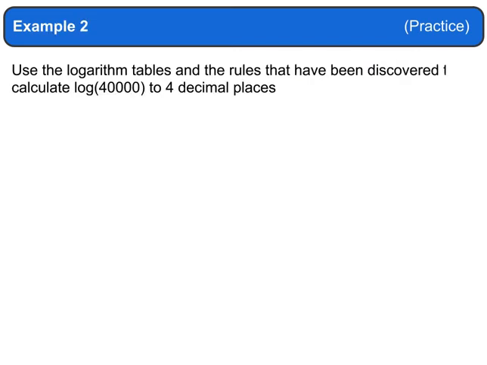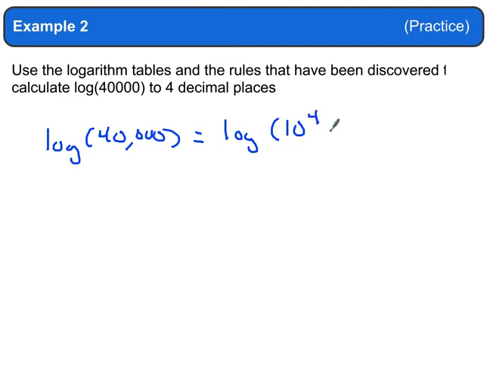It says, use the logarithm tables and the rules that you have discovered to calculate the log of 40,000 to 4 decimal places, right? So if we utilize this info, we could rewrite the log of 40,000 as the log of 10 to the 4th power times 4, right?